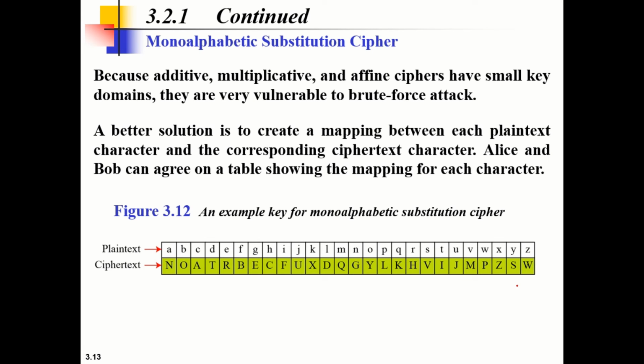The next technique under monoalphabetic substitution techniques has the same name, monoalphabetic substitution cipher. Now, with additive, multiplicative and affine cipher, the number of keys available to use is very limited. We have at most 26 keys, right?